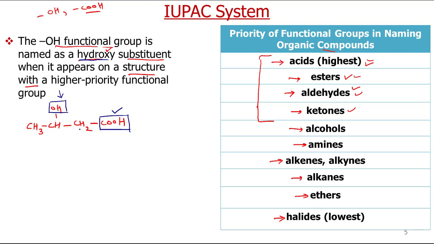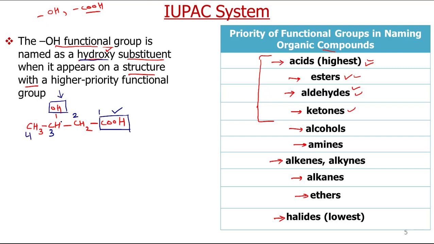Now while naming this acid we will first do the numbering. First we have to choose the longest chain which contains the COOH group, because this group has the highest priority. We will start numbering from here: 1, 2, 3 and 4.